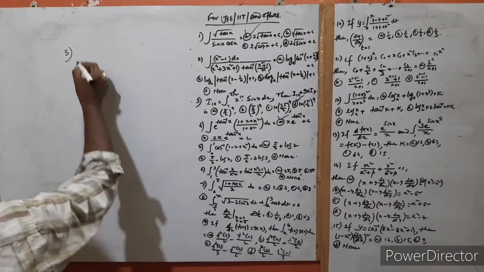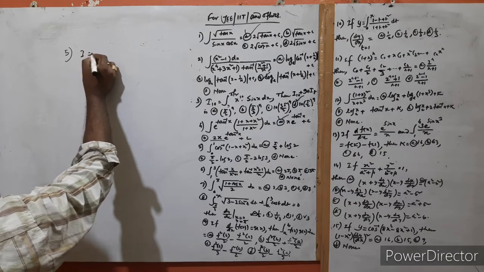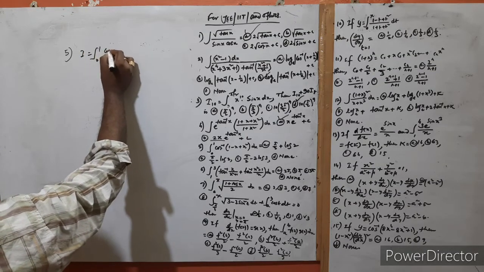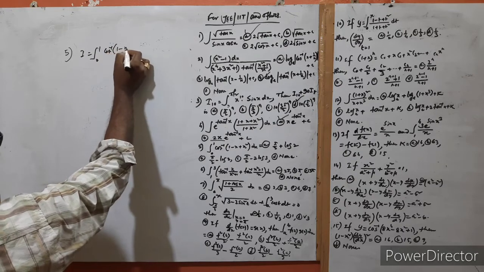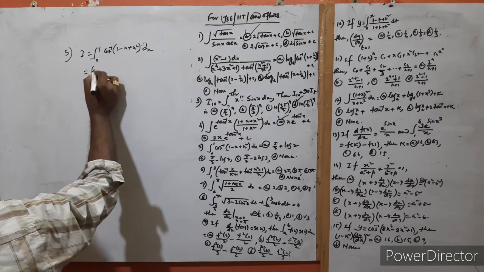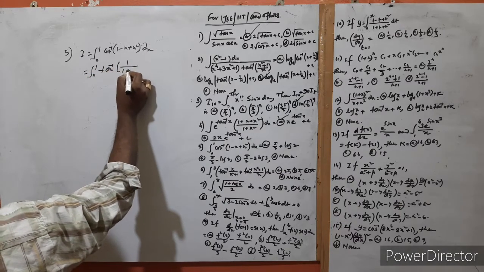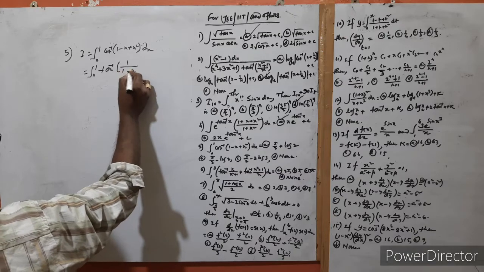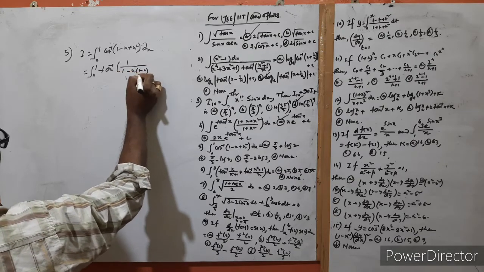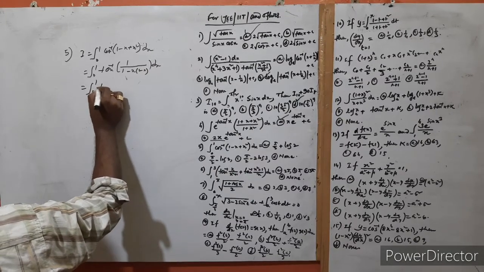Let us assume this is I, the integral from 0 to 1 of cot inverse of 1 minus x plus x square dx. Now see here, 0 to 1, tan inverse of 1 by, taking x common, 1 minus x plus x square, dx.